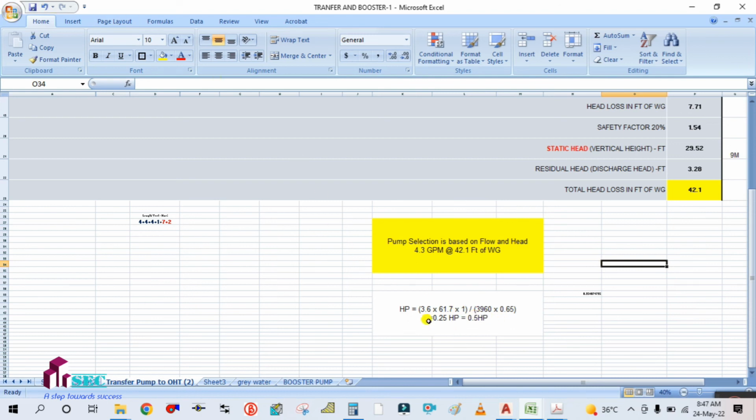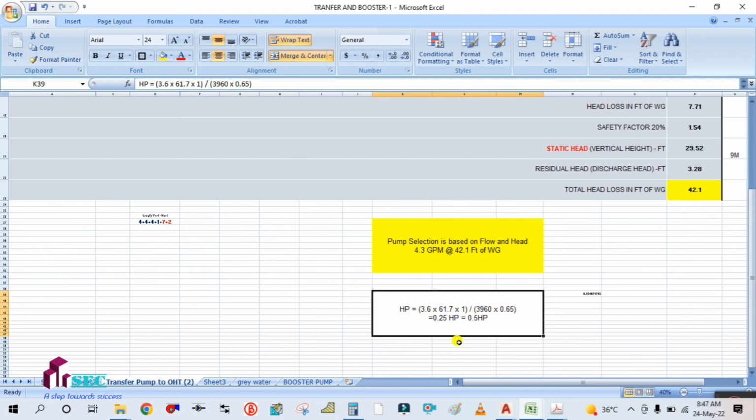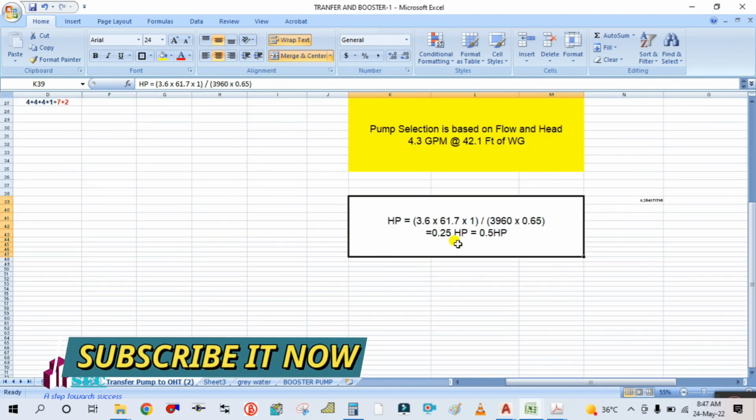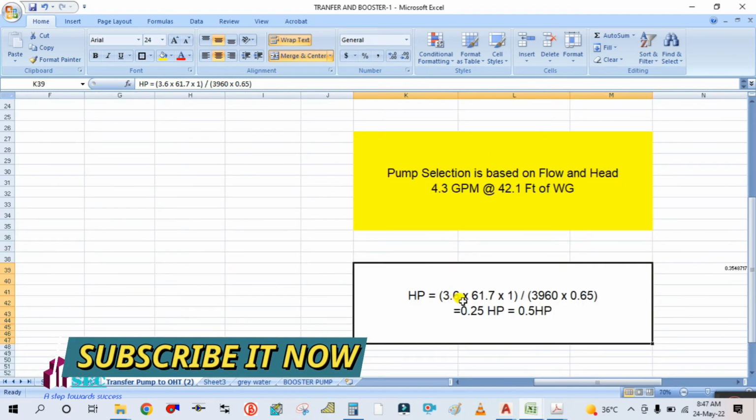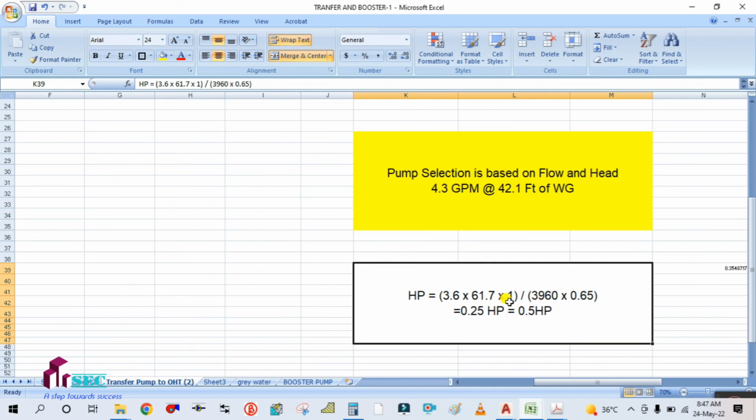How to calculate the HP? This is your HP formula. HP is GPM into head into specific gravity of water, divided by 3960 into percentage efficiency. We are assuming efficiency of 65 to 75%.